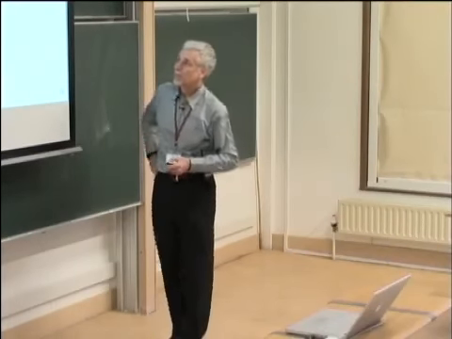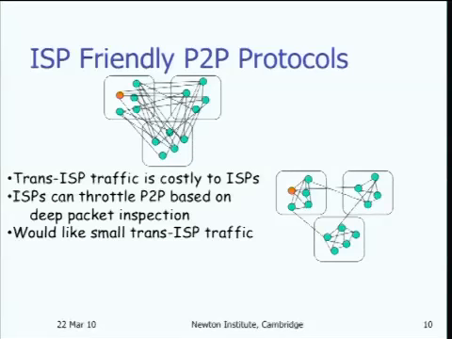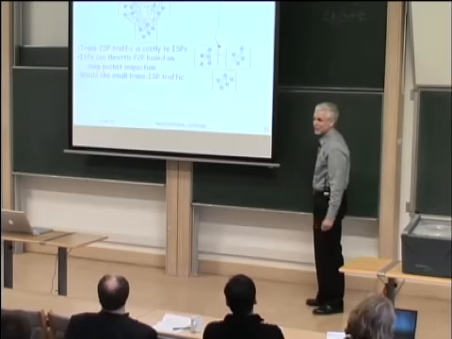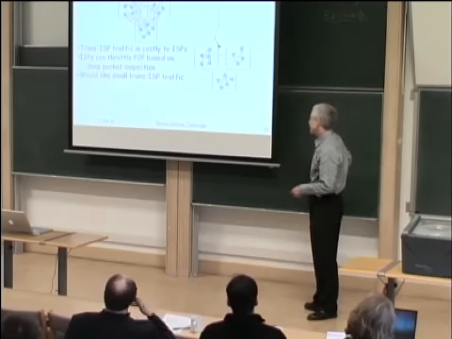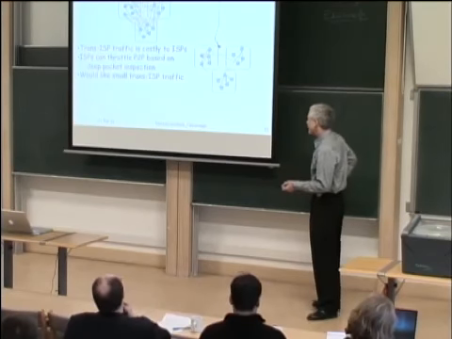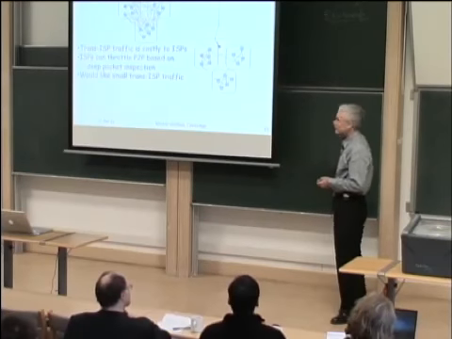Okay, so the ISP would rather have a seed download a few files into their ISP and then have all the exchange going on within the ISP as much as possible. And if the peer-to-peer protocols work that way, they would be less of a nuisance to the ISPs and they wouldn't be throttled so much.